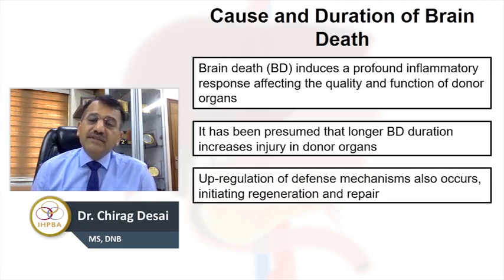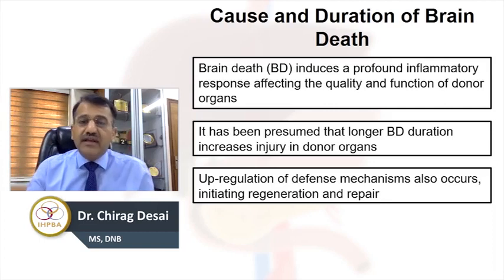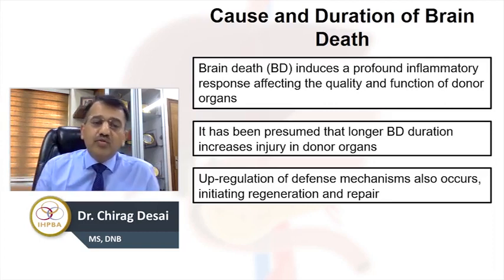Upregulation of the defense mechanism also occurs and initiates regeneration and repair of the organs. So in brain death, initially for some time there is ongoing damage to the organ, and then there is some recovery, and this should all be taken into account.